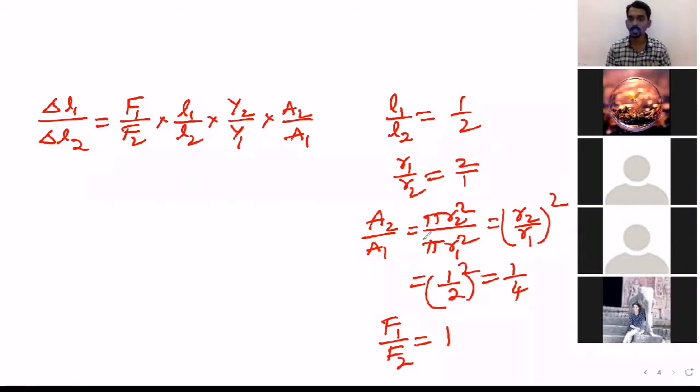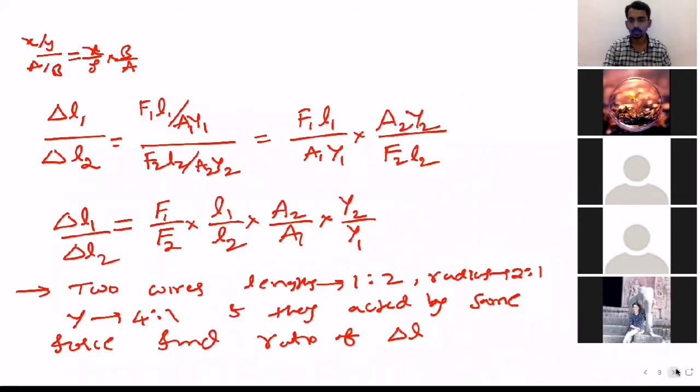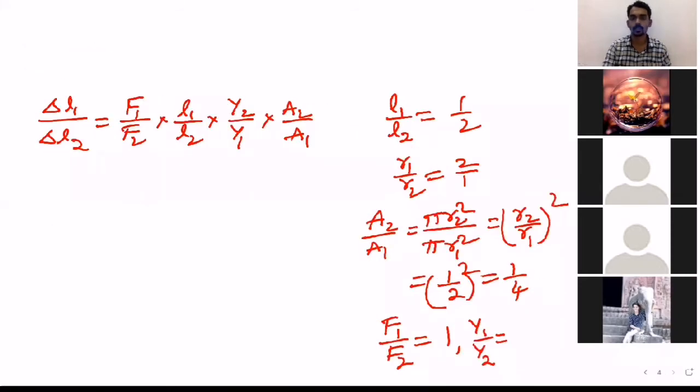One more said the answer is 1:32. Let's see. Now, force is 1:1 because the forces are the same for both of them. And the other ratio they have given is Y1 by Y2. That Y1 by Y2 is 4/1. See here, I have given the Y ratio is 4:1.